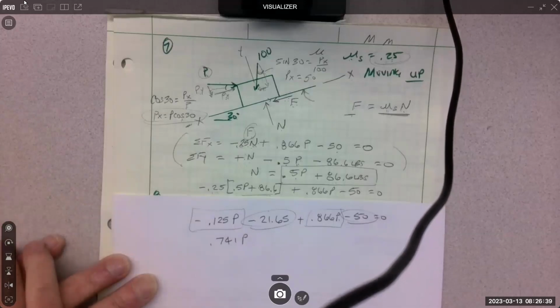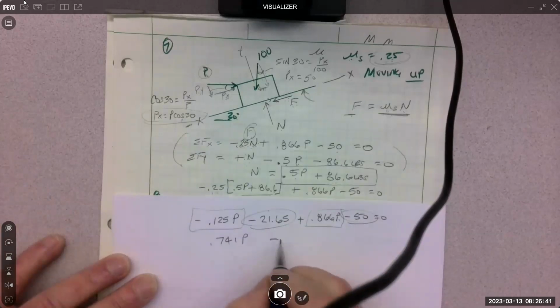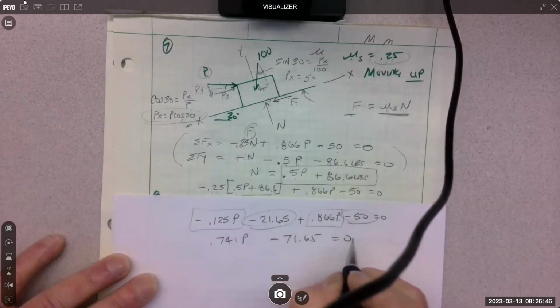They're both minus, so that's going to be a minus 71.65 equals 0.